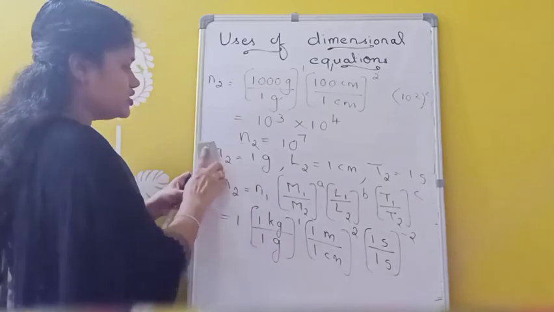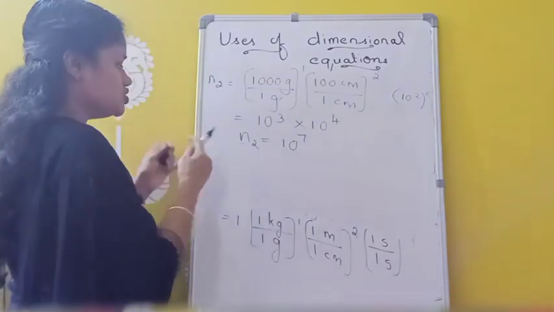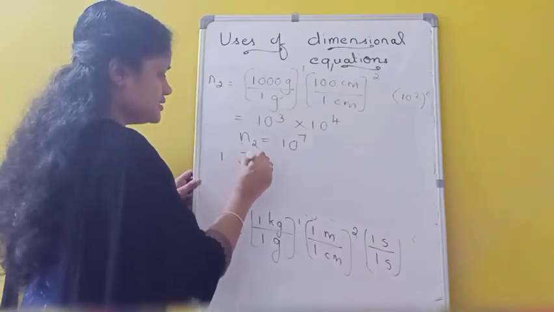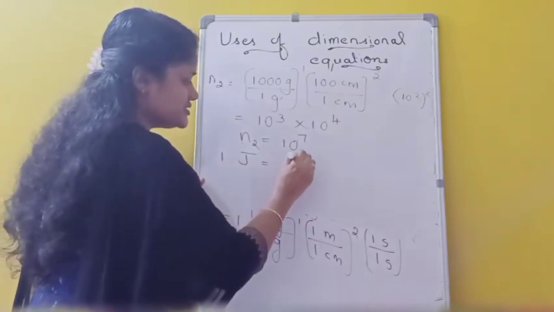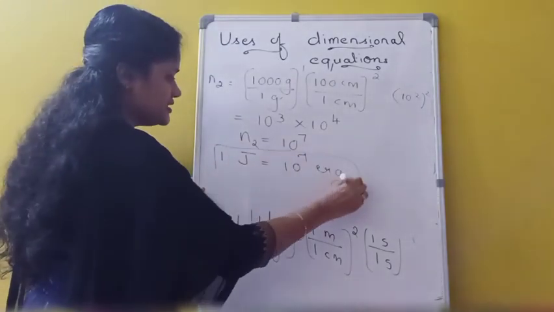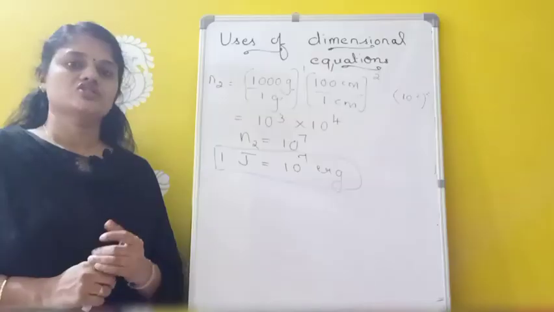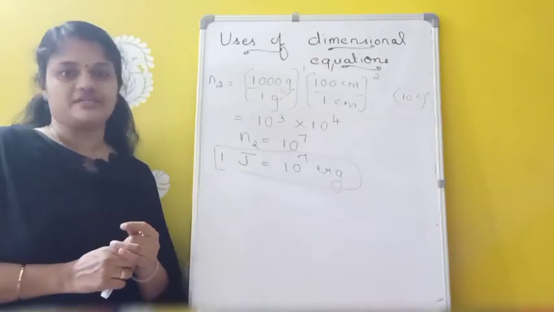So 1 joule is equivalent to 10 raised to 7 erg. This is the relation connecting joule and erg.